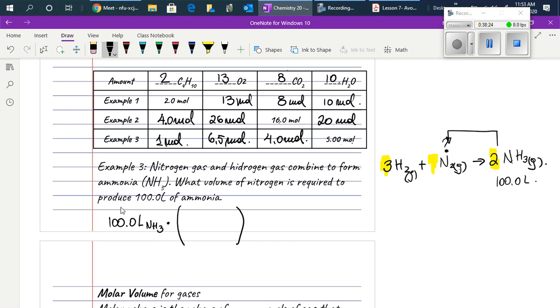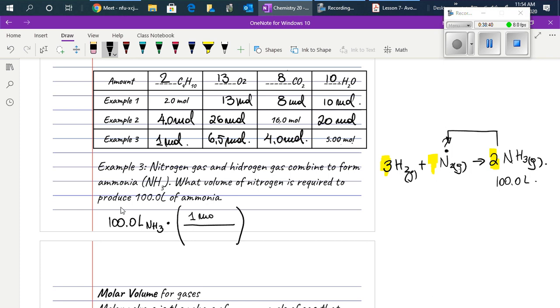To find which one we are using, nitrogen over ammonia or ammonia over nitrogen, we have to see if we can cancel.